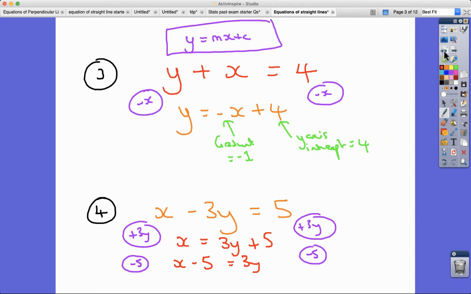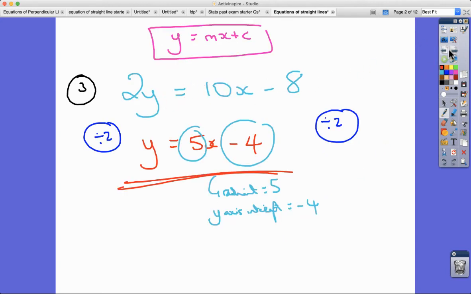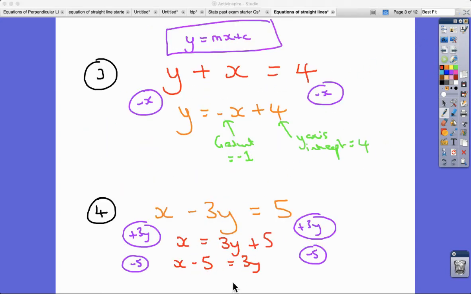And then it's a bit like this example here. All I have to do now is just divide everything by 3. Okay, what I might do first of all is just write it the other way around. So 3y equals x minus 5. And then the last job is to divide by 3 on both sides. So I get 3y divided by 3 is 1y.